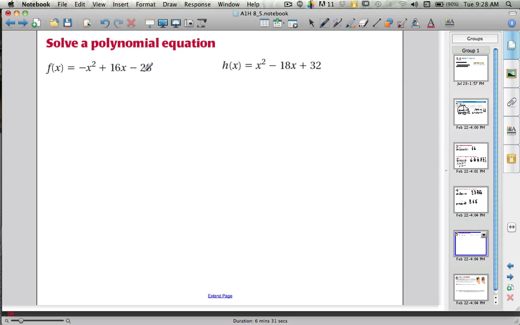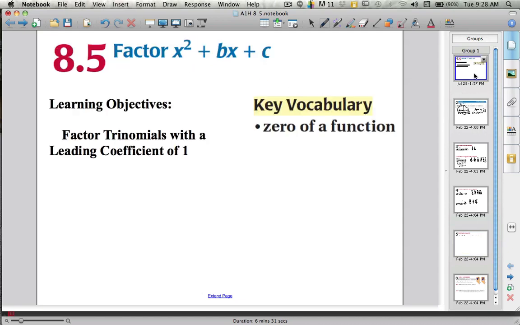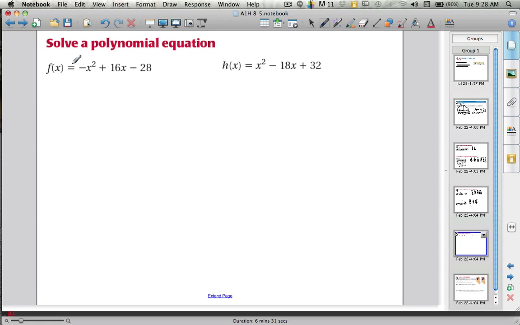When we take this extra step and want to solve, we're looking for zeros of the polynomial. So if you remember, the zeros of a function, the solutions of our polynomials, are values of x that will create an output of 0. That's why we call them zeros.